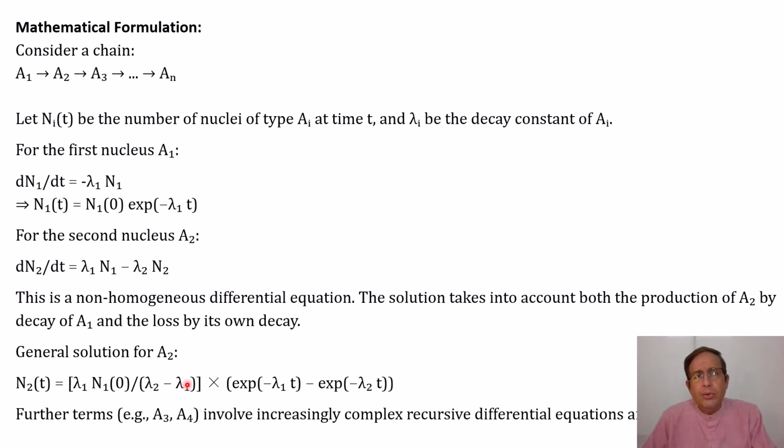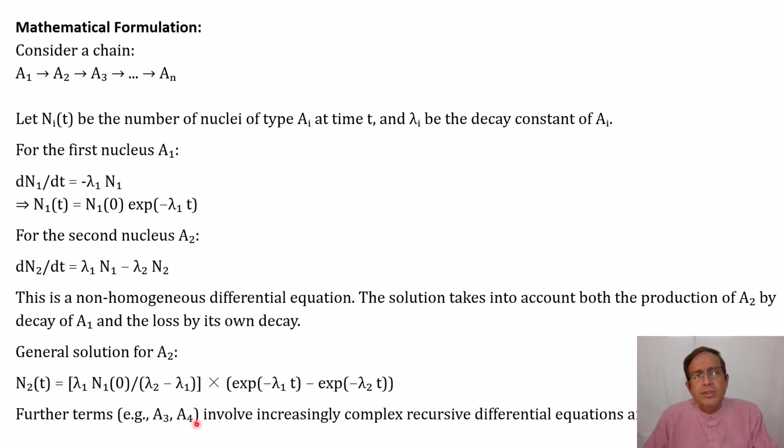So the general solution for A2 is given by N2 of t, the number of nuclei of A2 at time t, equal to lambda 1 into N1 at time 0 divided by lambda 2 minus lambda 1, into exponential minus lambda 1 t minus exponential minus lambda 2 t. So basically this is the solution for this particular equation. As you can see, if you substitute the solution in this equation, you will see that this solution satisfies this equation.